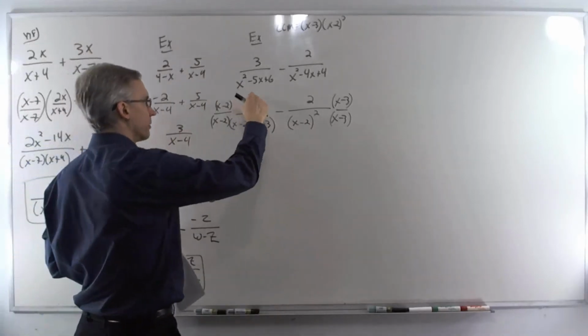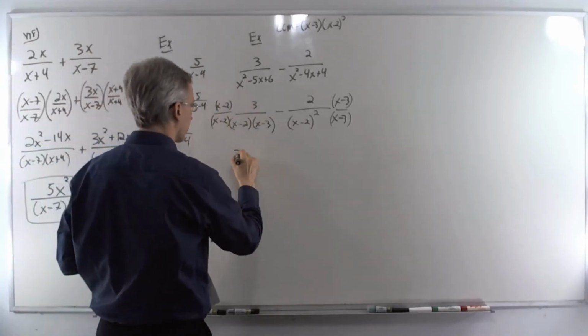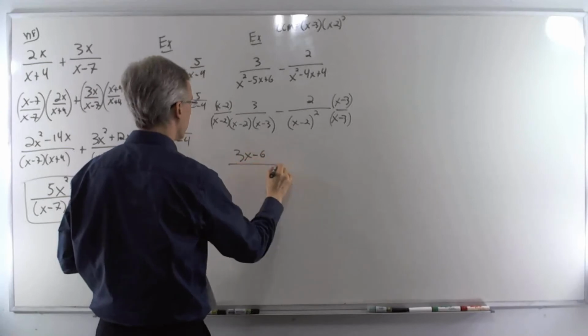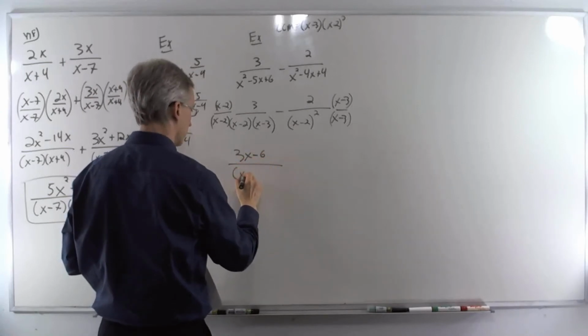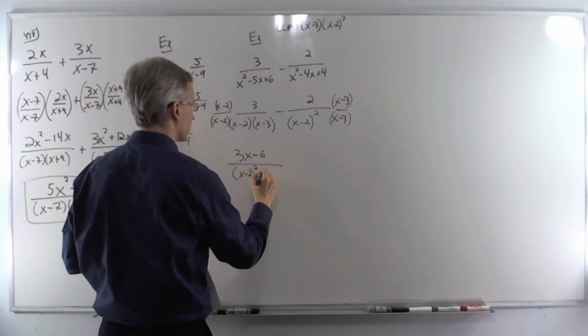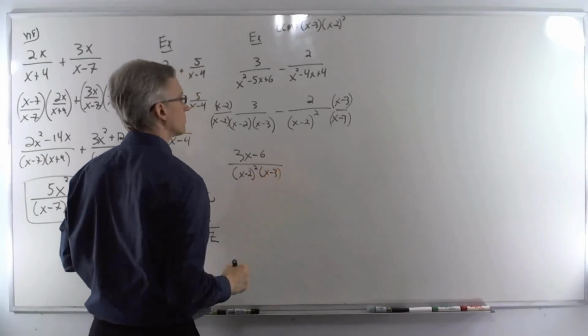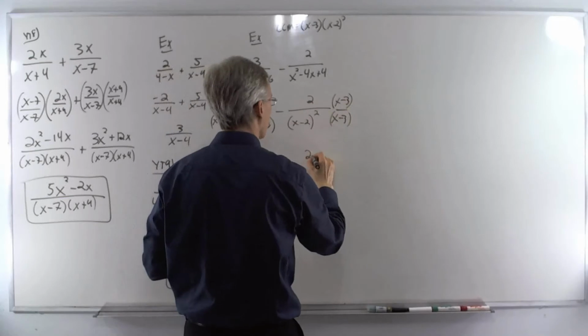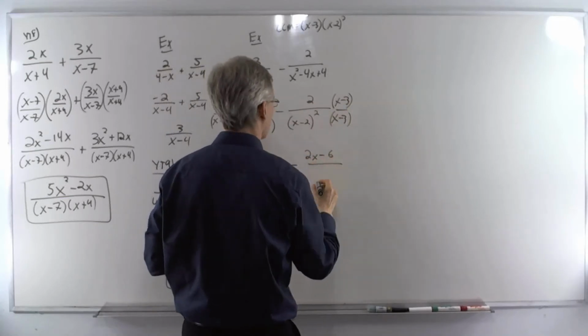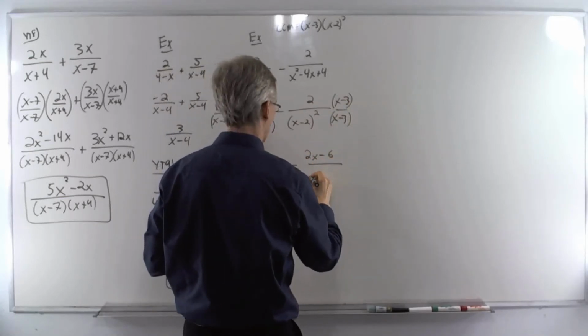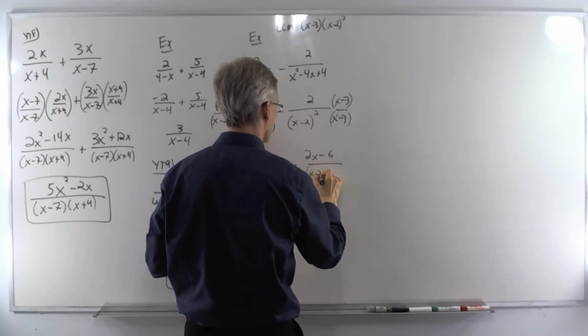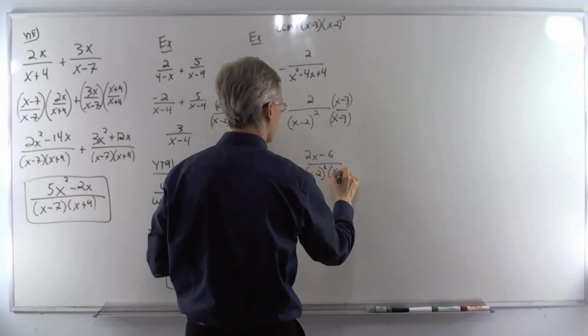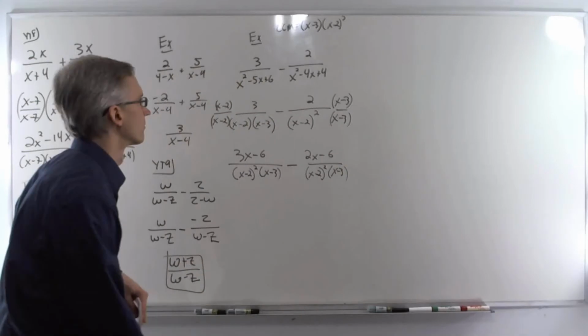All right, distribute. 3 in here, we got 3x minus 6 over x minus 2 squared times x minus 3. And then over here, distribute in, we got 2x minus 6 over x minus 2 squared times x minus 3.